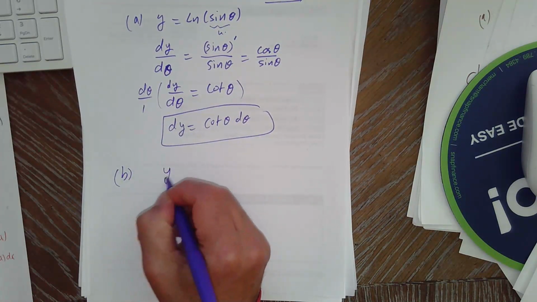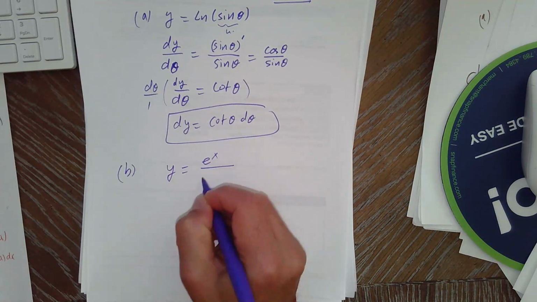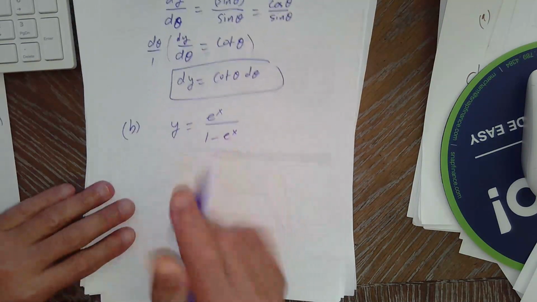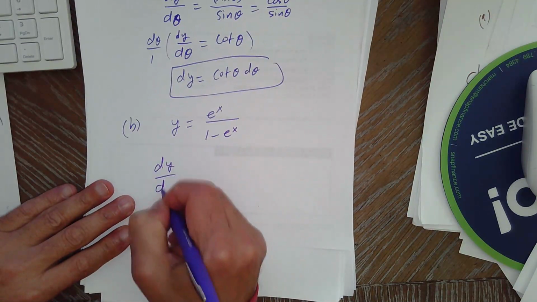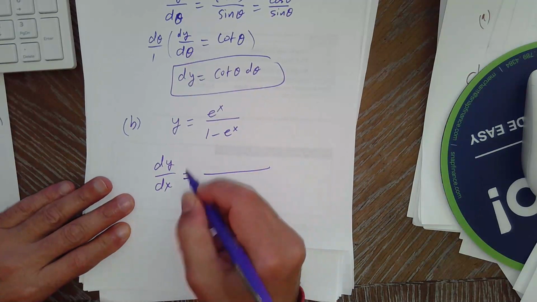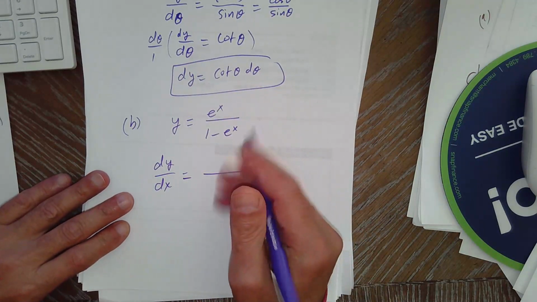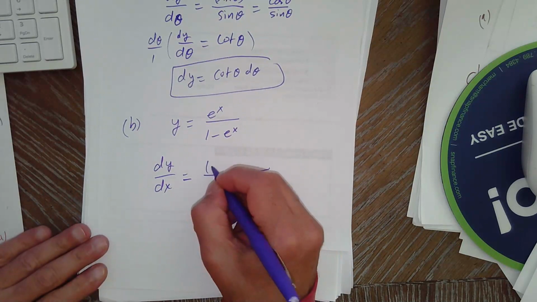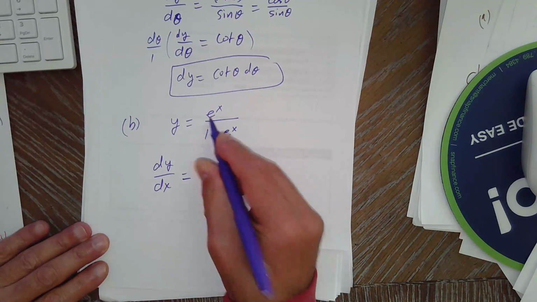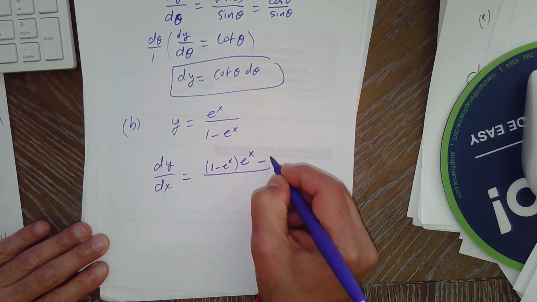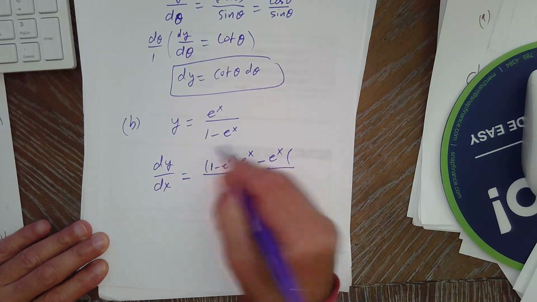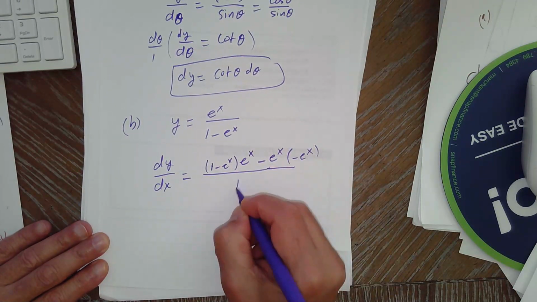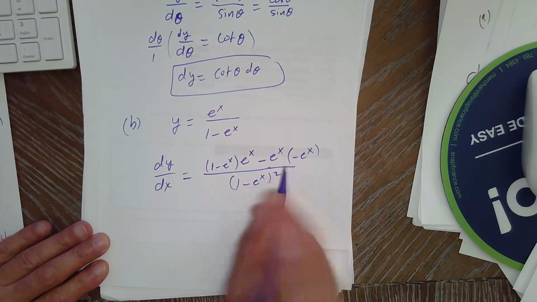Part B, if y equals e to the x over 1 minus e to the x, same thing. To find the differential in y, we do the derivative first. Quotient rule. So we do g, which is the bottom, times the derivative of the top, which is e to the x, minus e to the x times the derivative of the bottom, which is negative e to the x, over 1 minus e to the x squared.